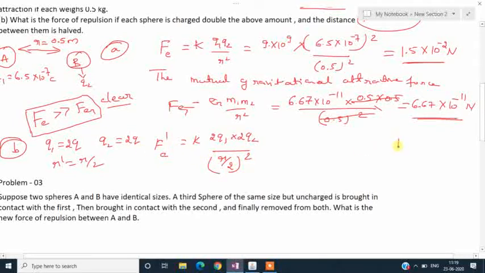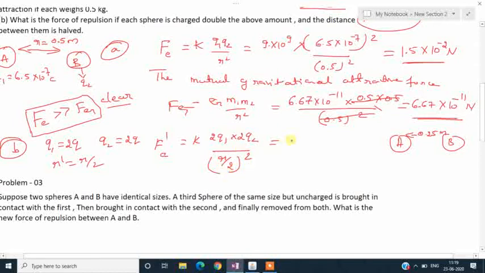Take an example: sphere A and sphere B. The distance was earlier R, that is 0.5 meter. Now it becomes 0.25 meter. That's all, and the charge becomes double. Now if you calculate that, don't go on substituting the k value, q1 value, q2 value, r value.